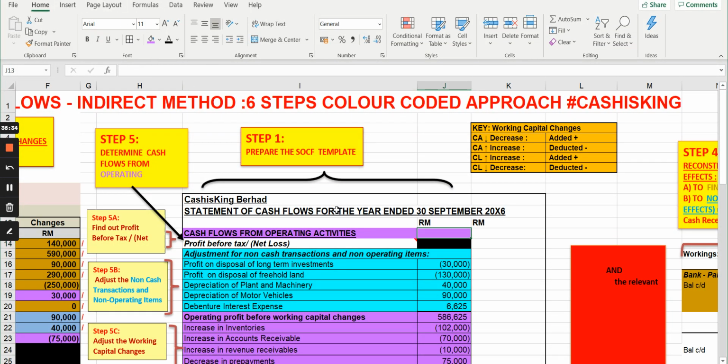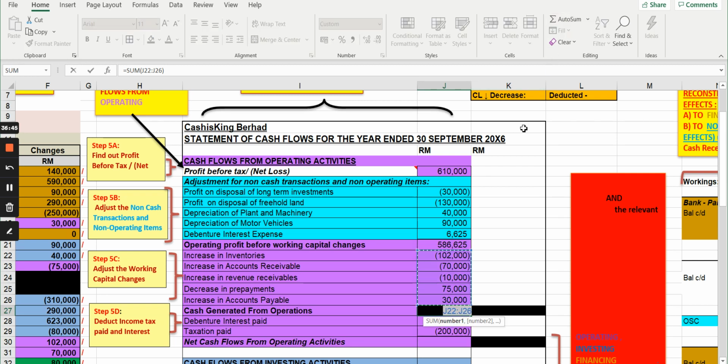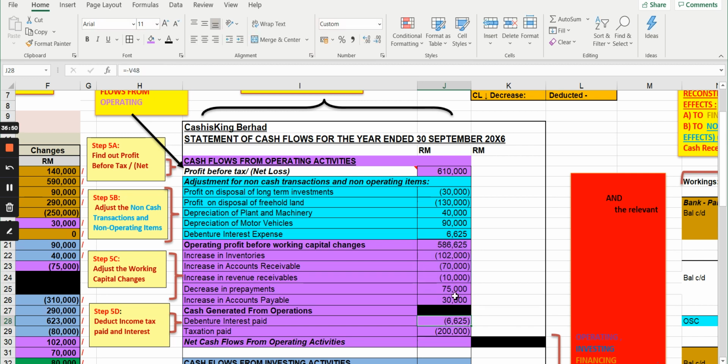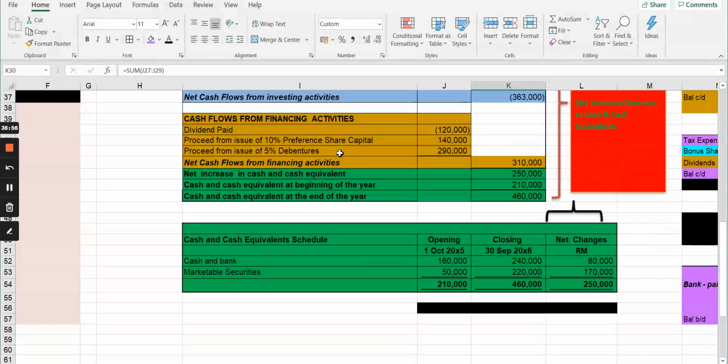Sorry, I've already made it here, I think. Yes, 610. Now you can get the total here. The total here is coming from this total, and that should be purple as well. Now you get the total here, 303, right? 303.